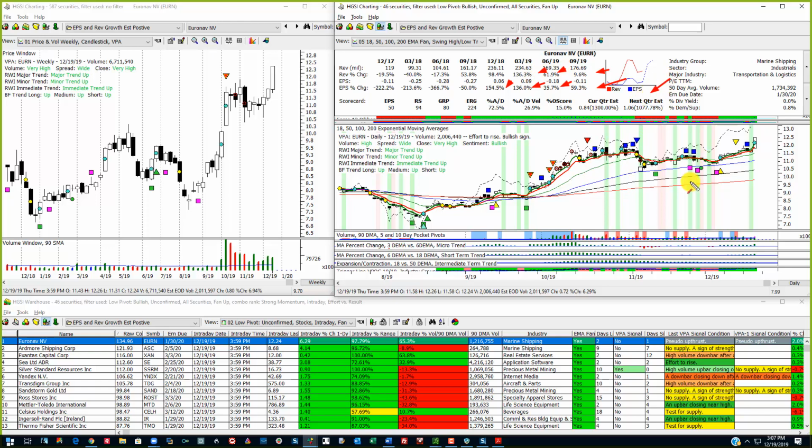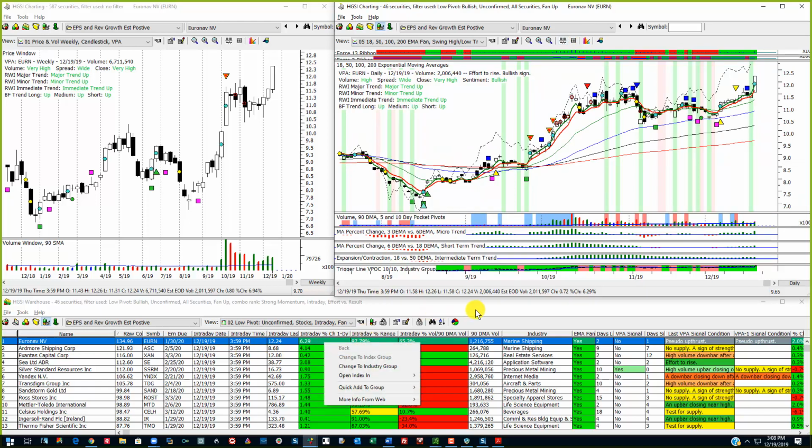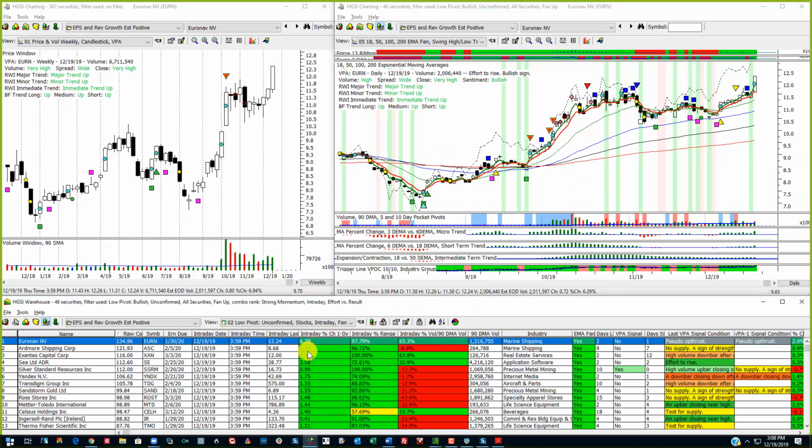And the current quarter estimate, if this is correct, is projected to be up 1,300%. So that's a pretty lofty projection for the current quarter. But this is why these stocks are passing the screen. Now, not all of these stocks are going to have big numbers like that for projections, but the earnings certainly are projecting out well, and they've been good.